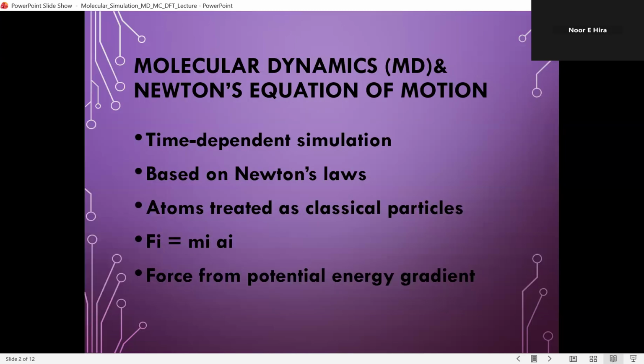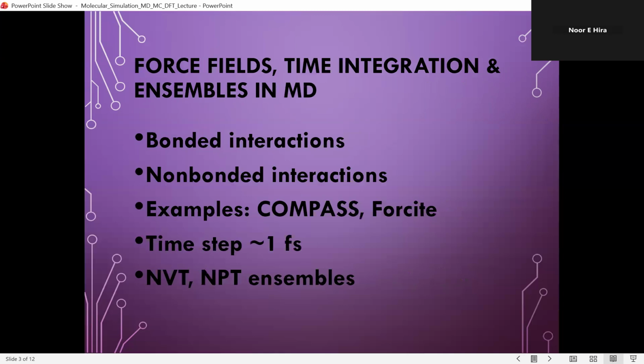Before that, I will also talk about the force field involved in molecular dynamics simulation, the time integration, and ensembles. The accuracy of molecular dynamics simulation depends strongly on the force field used.